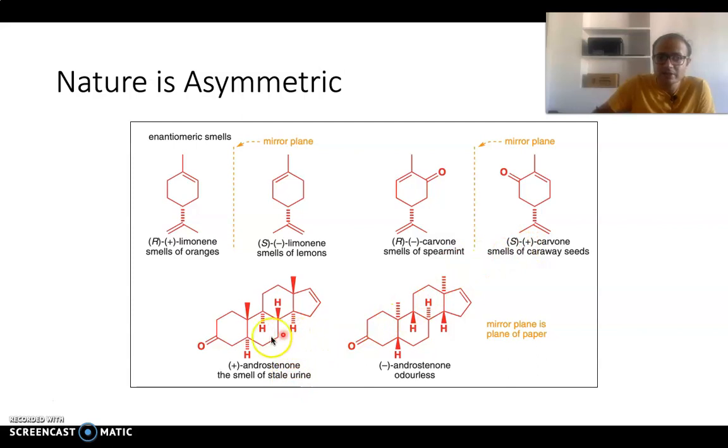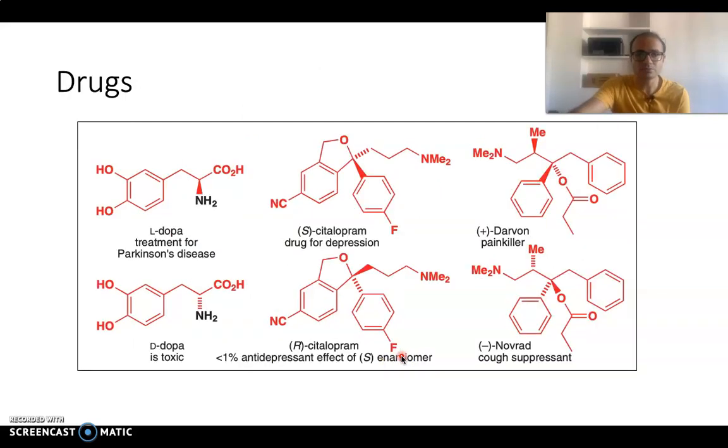Even this particular androsterone, the plus isomer, is responsible for the stale smell that you sometimes observe in urine. However, the minus enantiomer is usually odorless. So in nature you find a lot of asymmetry present in the given molecules.